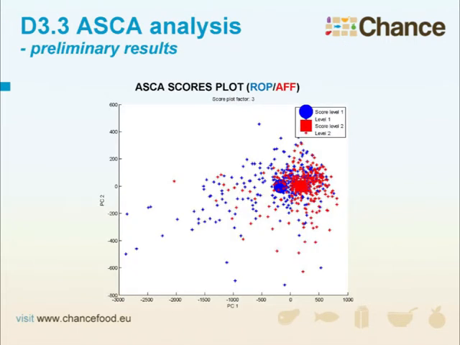This is how the ASCA scores looked for the ROP and affluent, and there's a clear indication.